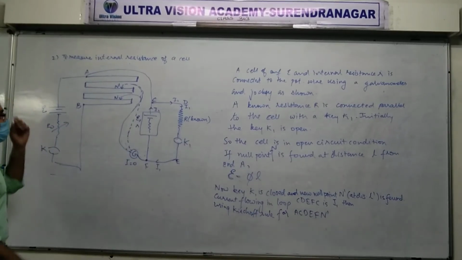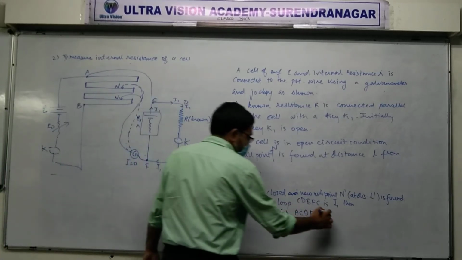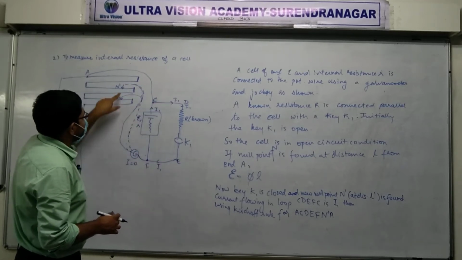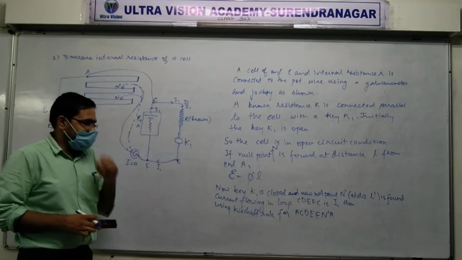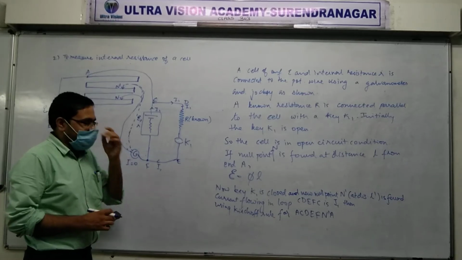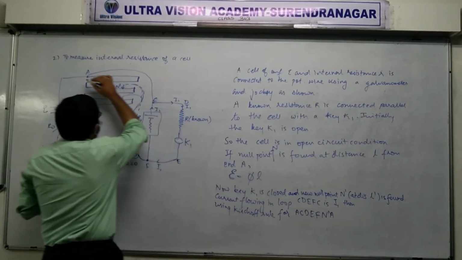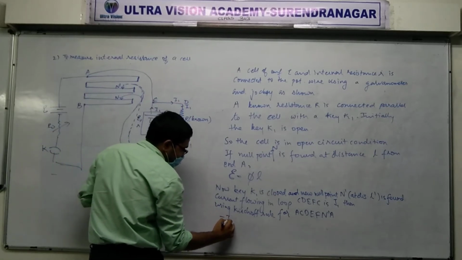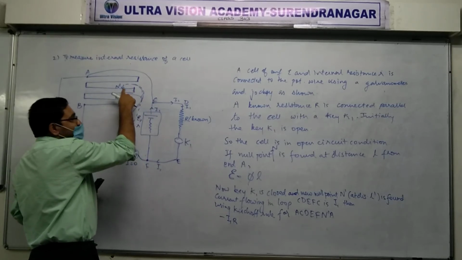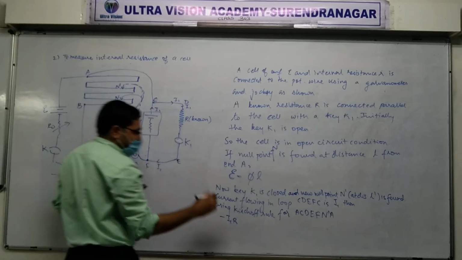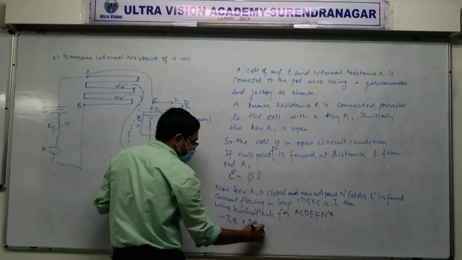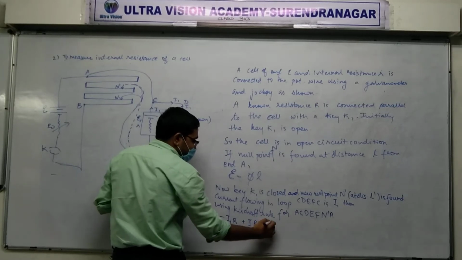We get, first, minus I1 into R, then going back plus the voltage between N dash and A. Is it clear?